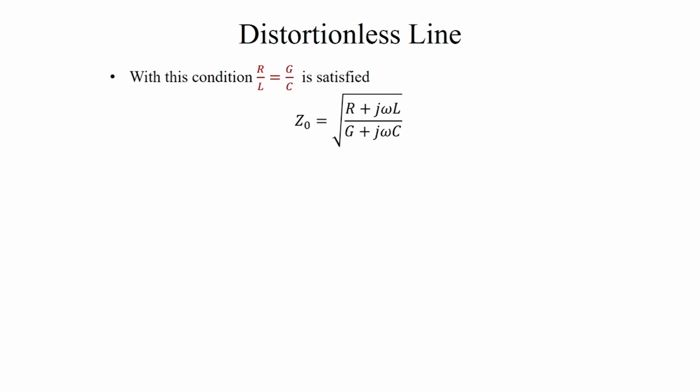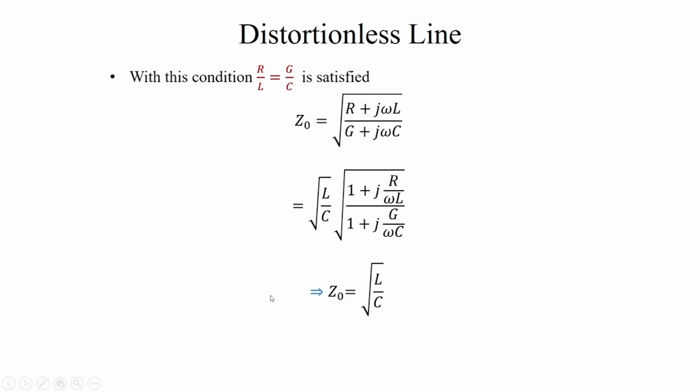The characteristic impedance Z0 is defined as the square root of R plus j omega L divided by G plus j omega C. Now, we can write this expression in the form shown, where we find that in the numerator under the root, R by omega L is the same as G by omega C in the denominator, and these two terms will get cancelled.